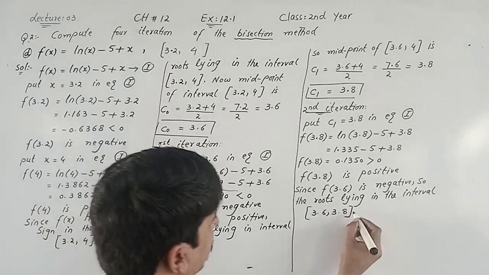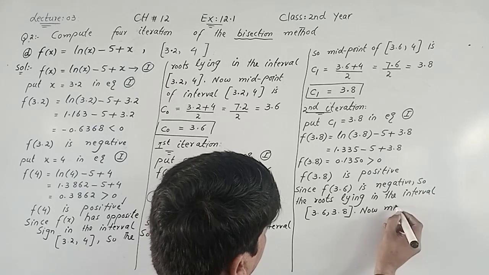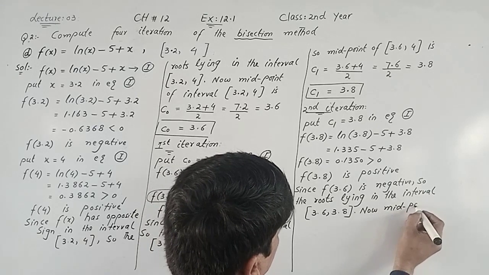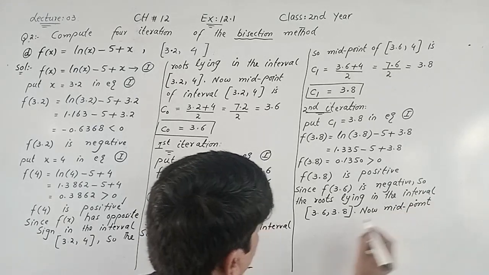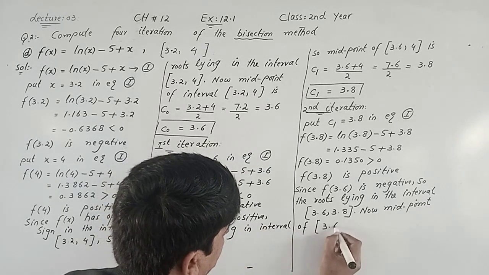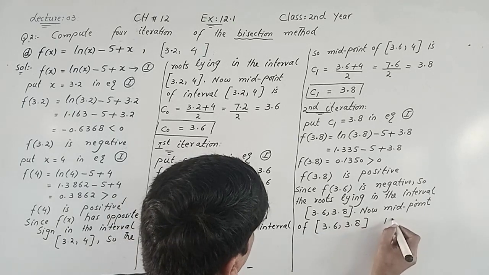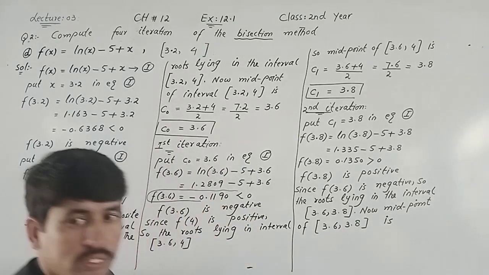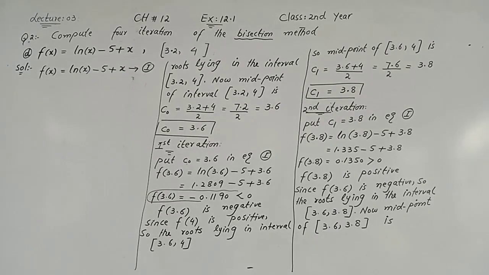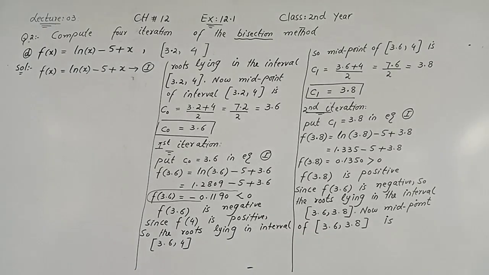Now midpoint of the interval 3.6, 3.8 is, say this is C2.